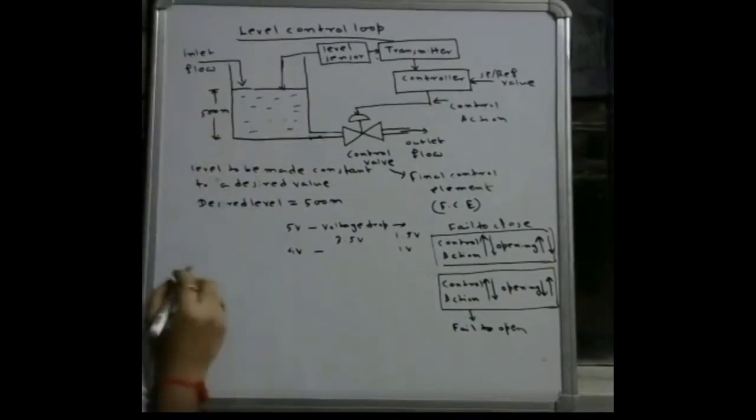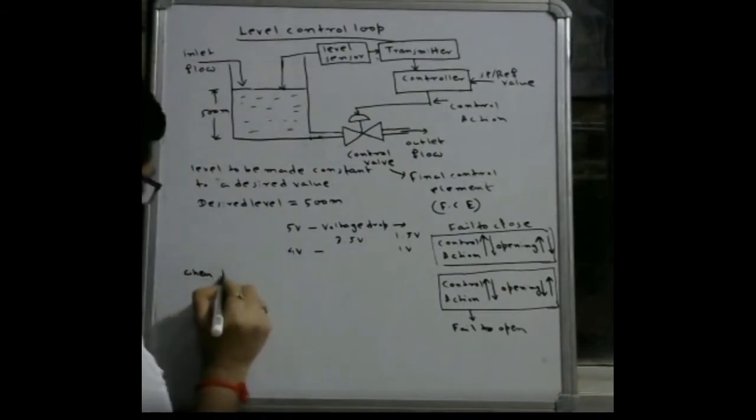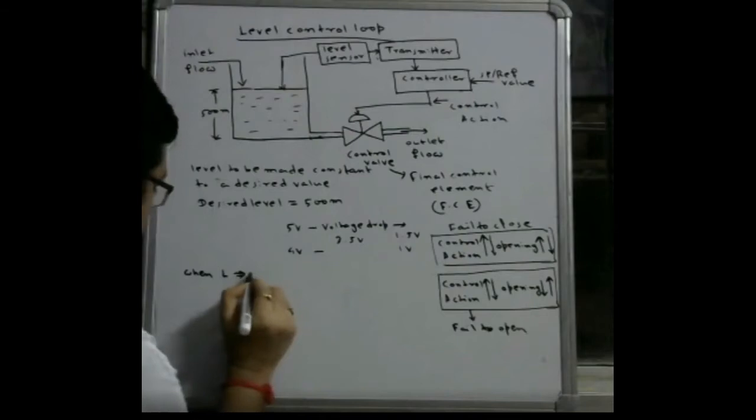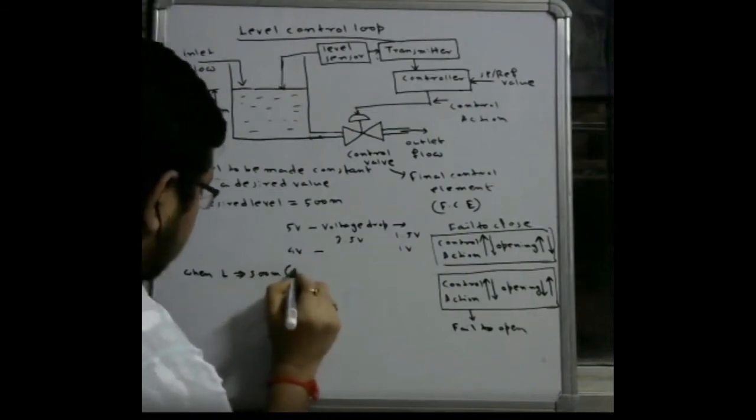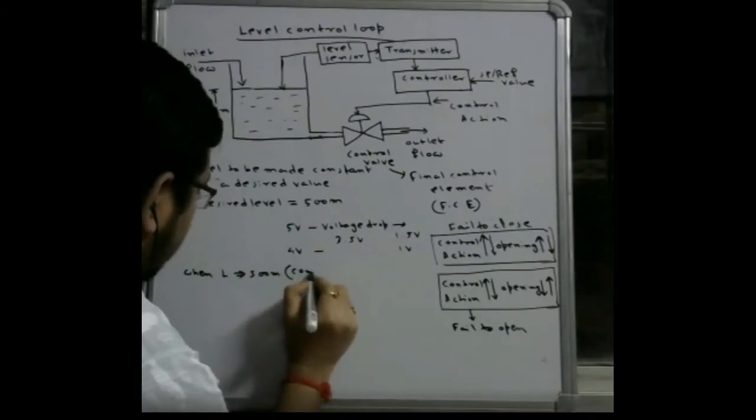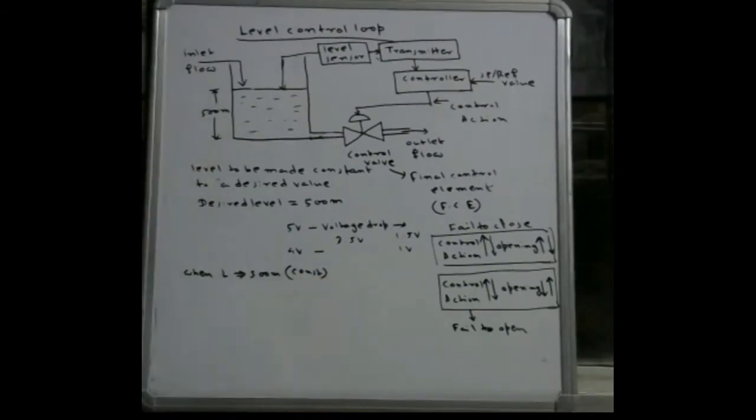That means when the level is 500 meters and it is maintained at that value, it is constant.